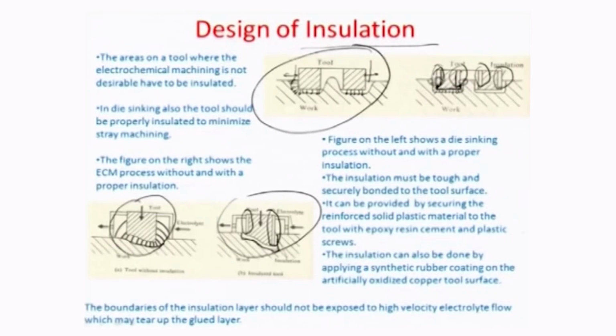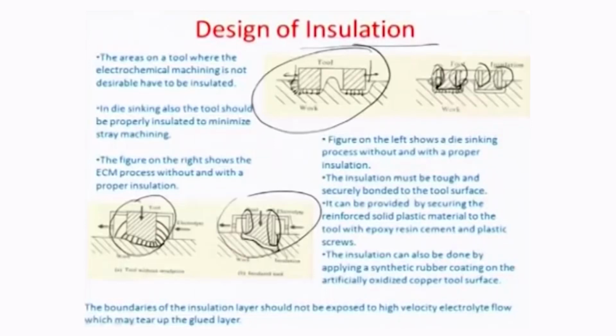Because it is a die sinking process, this is the case where the tool is actually physically going into the workpiece, thus trying to match the topology of the tool surface itself onto the workpiece surface. It is very important that we get rid of all those stray effects which would happen between the walls of the tool, which is away from the surface of the tool, onto the workpiece.